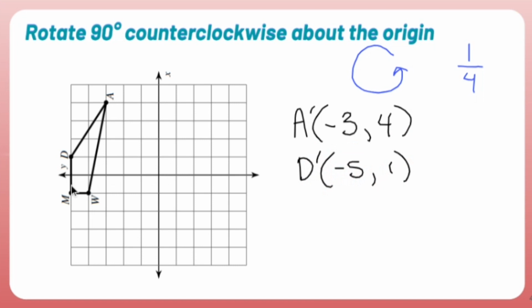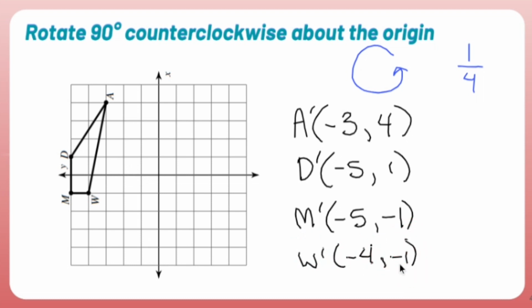In order to get to M, I go left 1, 2, 3, 4, 5, down 1. So M prime is left 5, down 1: -1. And to get to W, I start at my origin and I go left 1, 2, 3, 4, and go down 1. So W prime is left 4, down 1.